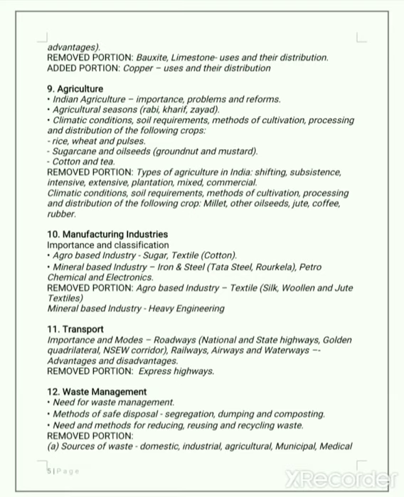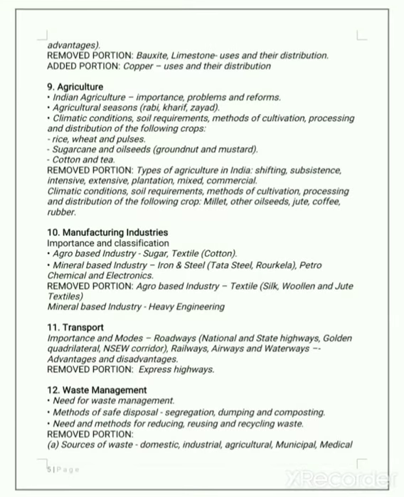Okay, the removed portion from here is bauxite and limestone, and the added portion is copper. So you need not do the uses and the distribution of bauxite and limestone, and in this chapter one thing has been added, that is copper. So you should know the uses and distribution of copper.